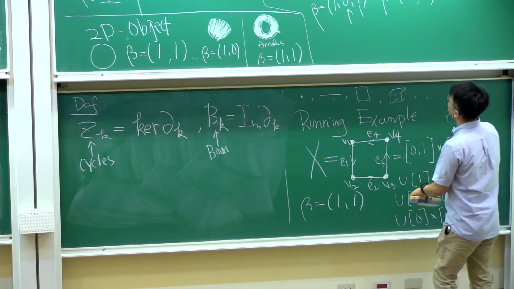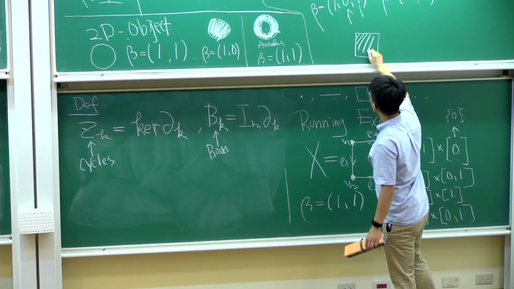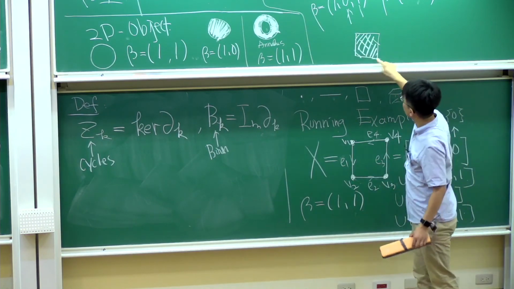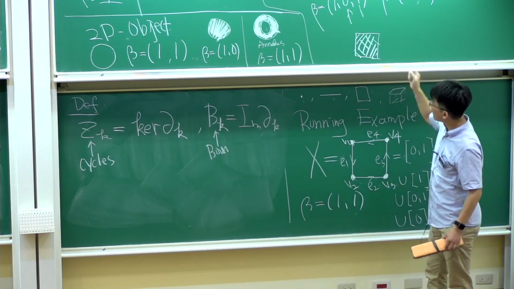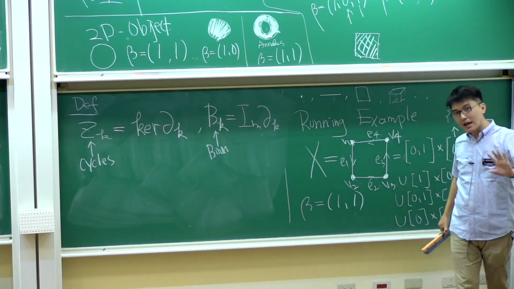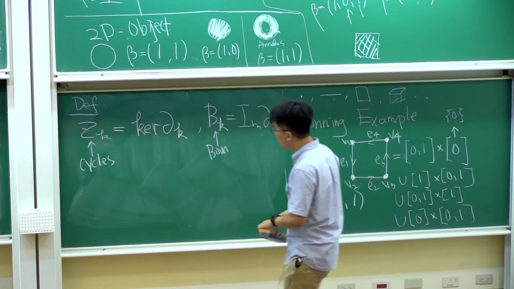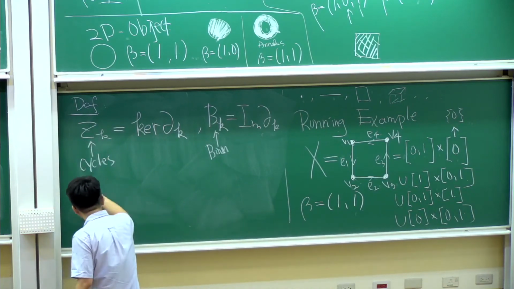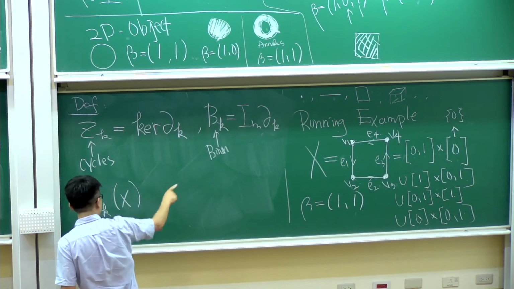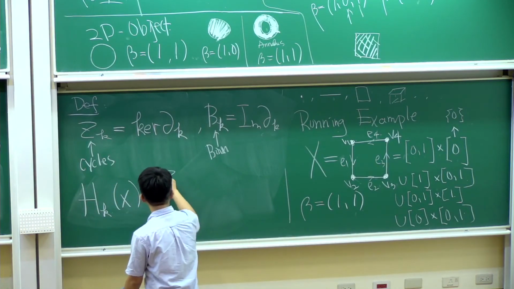So let me give you one example. Suppose I'm looking at a disk right here. This is going to be my cycle, but this cycle happens to be the boundary of this face. So that's not the actual cycle I'm looking for. Therefore, finally, we define the homology group. The homology group is going to be the cycles.